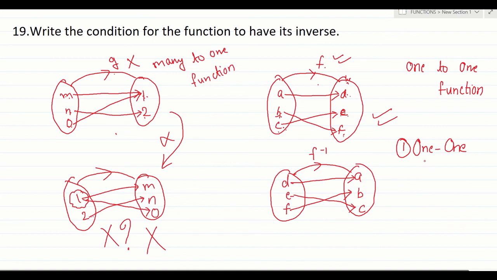Now there is one more condition, that is the function must be onto function. So what is the meaning of onto? Onto function means range set must be equal to codomain set. Let me explain it through an example.